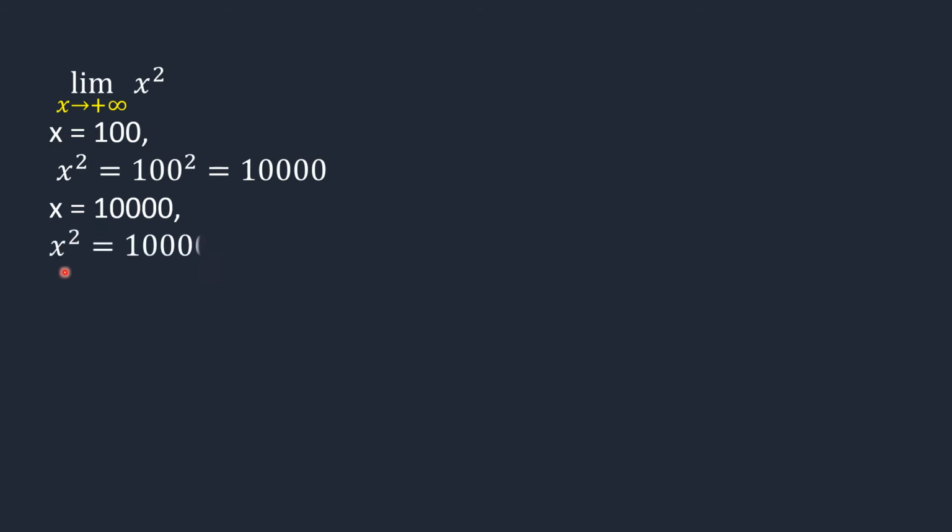So x square will be 10,000 squared, which will be 8 zeros next to 1. We observe that as x takes higher and higher positive values, the limit x square as x approaches positive infinity becomes infinity square, which ultimately will be infinity.